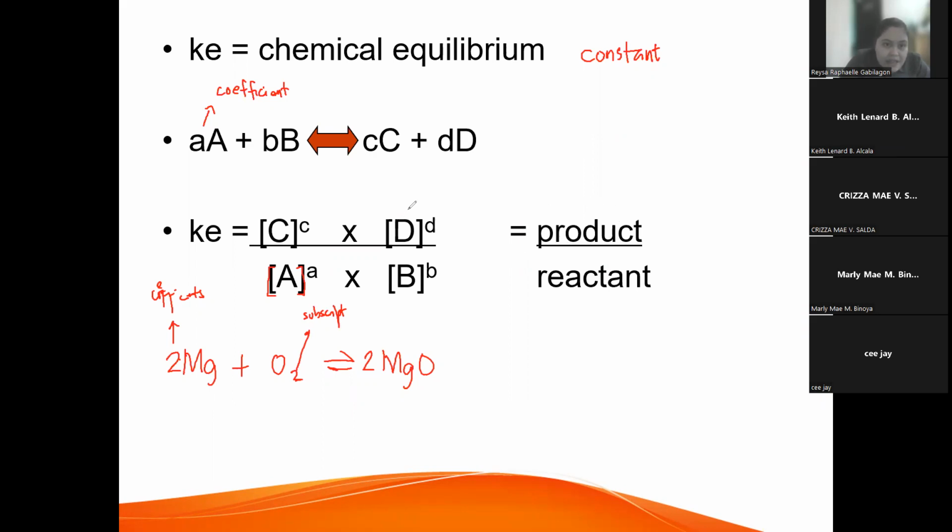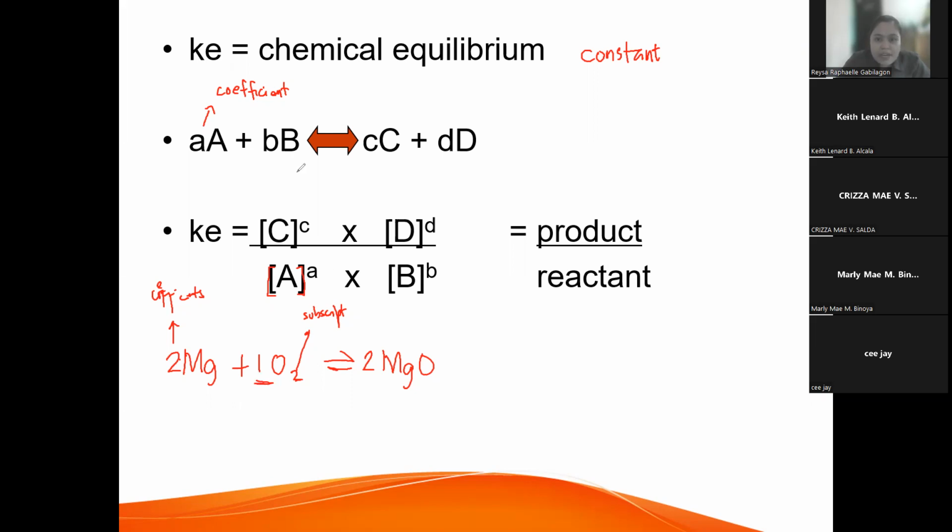Products ang sa taas, you have the concentration of each product, you use the coefficient, if ever merong coefficient, as exponents, and divide it sa concentration din ng reactants raised to the power of whatever coefficient they have. Siyempre, kung walang coefficient, just like this one sa oxygen, this is considered 1.